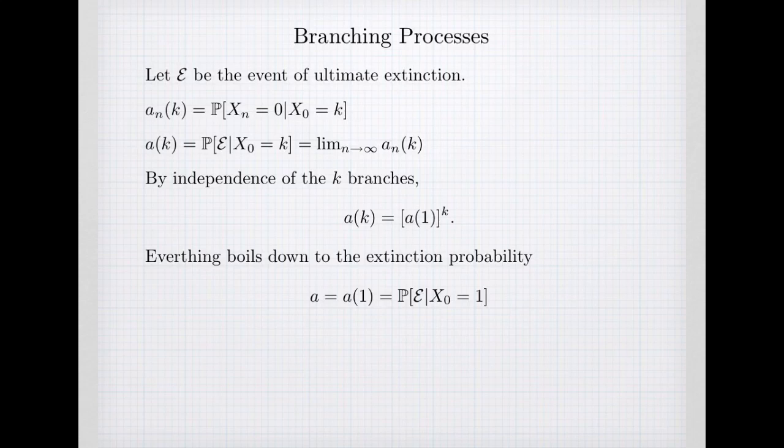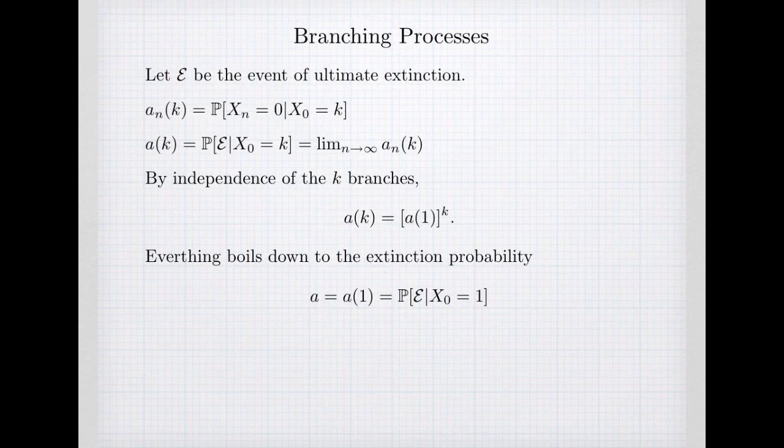So if I think about each sub-branch, because the number of offspring in each sub-branch doesn't depend on any other branches, the probability that I go extinct in k branches is the product of the probability that I go extinct in each branch, and there are k branches, and so I get this power through independence.